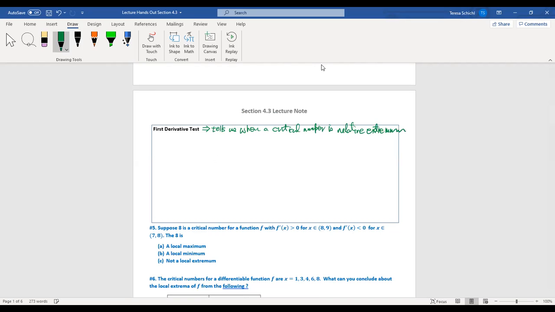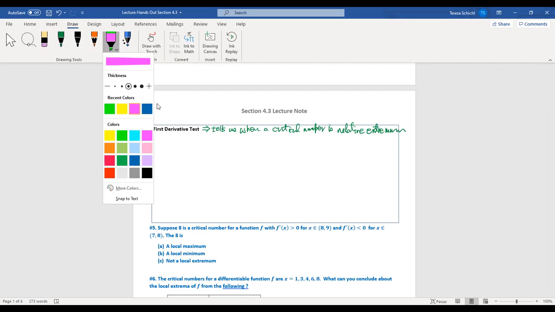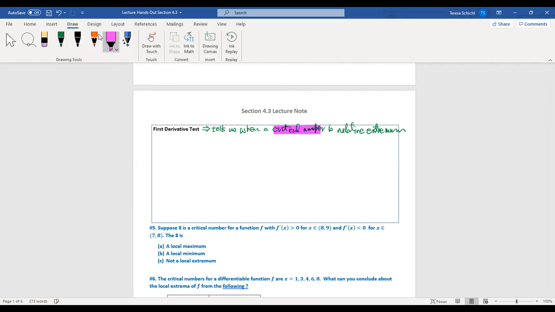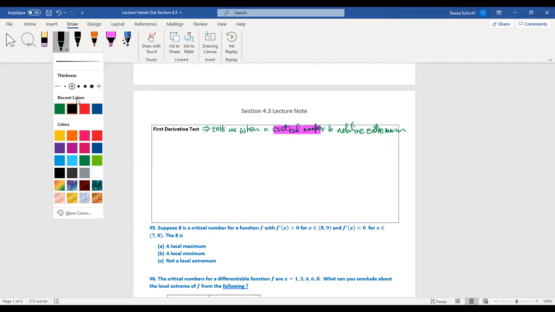That means it's a relative max or relative min, right? The key point is that it tells us about the critical number. If you remember, the critical number we defined in the previous video is where the first derivative is equal to 0 or the first derivative is not defined, right?